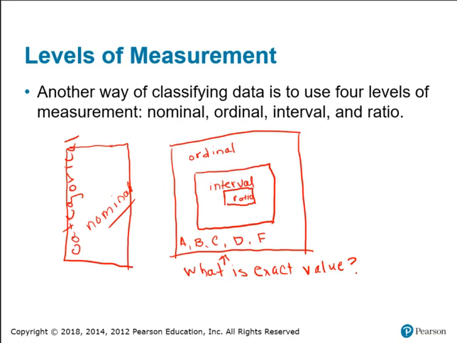And so that is an actual interval. Now, you can have that same interval happen at 10 degrees warmer, right? And that interval is still going to be the same. That's the same distance between those two values.